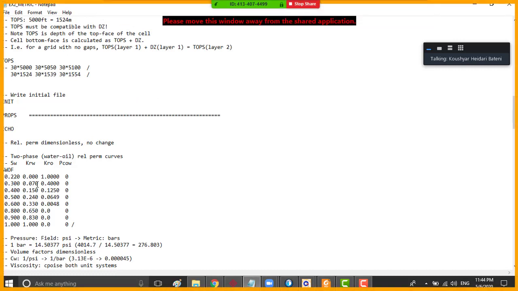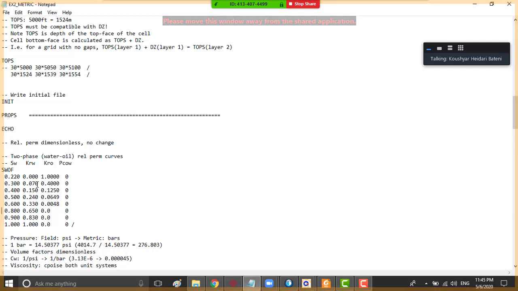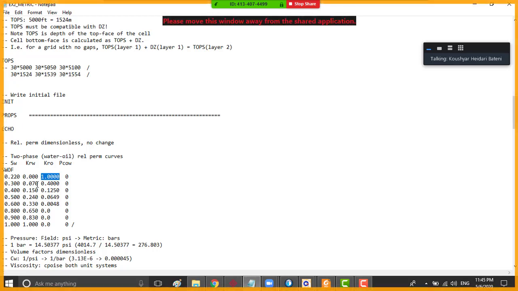The first column, as we know, is dedicated to various saturations for water. The second column is the relative permeability of water at these various saturations. And the third column is dedicated to relative permeabilities of oil with varying water saturations, right?